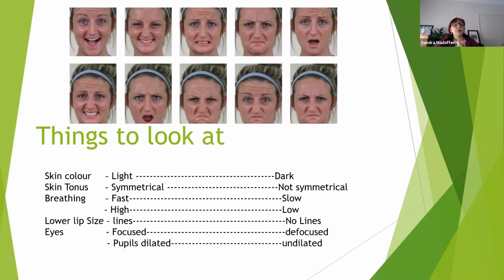And the pupils can be dilated or undilated, and this is really important. Believe it or not, people's pupils do change when they're talking about different things. So again, something else you need to look at.